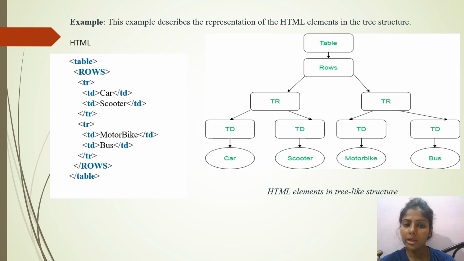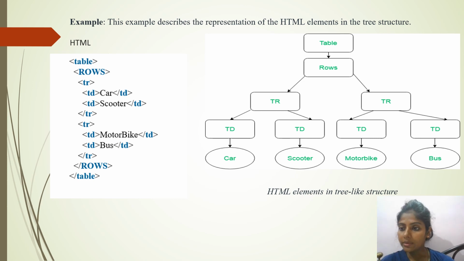One tr has td cells containing car and scooter, and the other has td cells containing motorbike and bus. Here tr is a row of a cell and td is the data of the cell. This is how an HTML element is represented in a tree-like structure, representing HTML code in tree format.